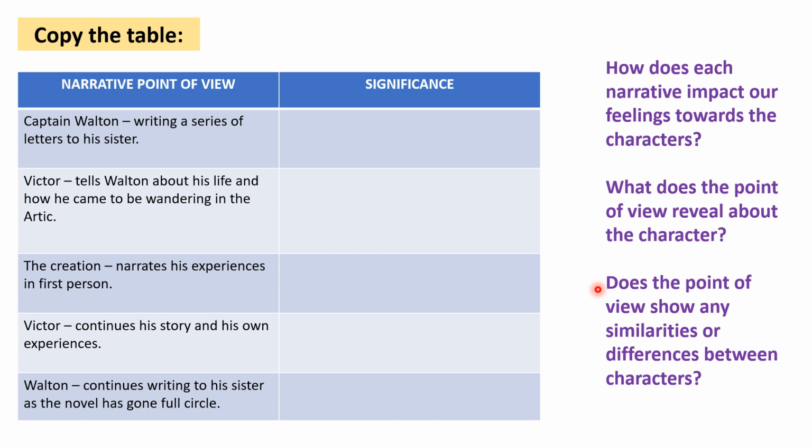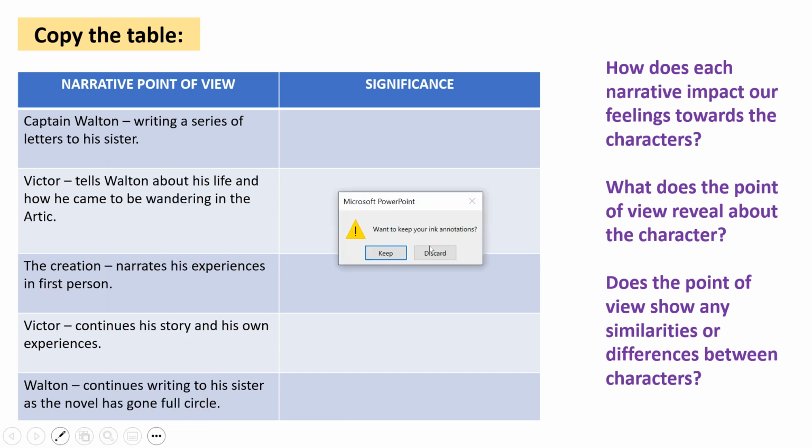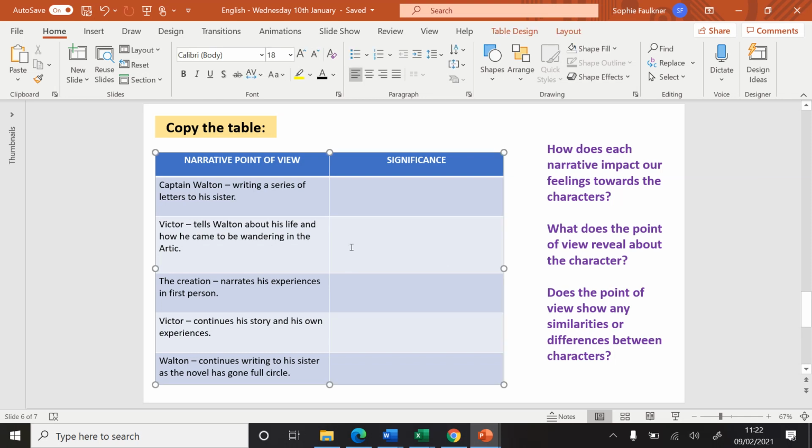So I'm going to show you what I expect in this table, and I'm going to start you off with the creation. So the creation narrates his experiences in first person. We're just going to write a few bullet points to help us to analyse the significance.